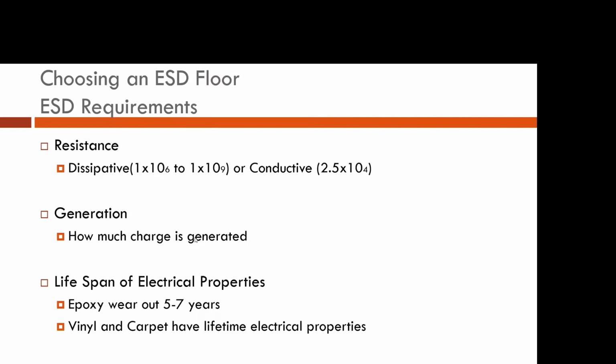And then we also want to understand, what is the lifespan of electrical properties? Certain materials will wear out over time and have a shorter ESD property lifetime, where you have other materials that have lifetime guarantees on their ESD properties. So again, these are the considerations for requirements.